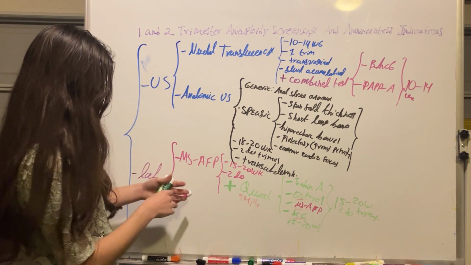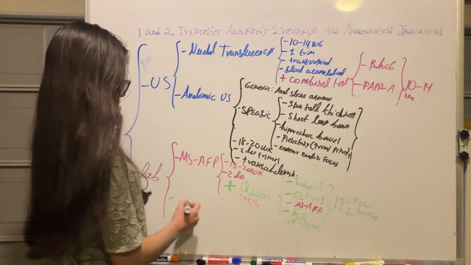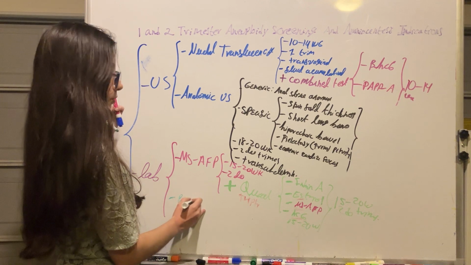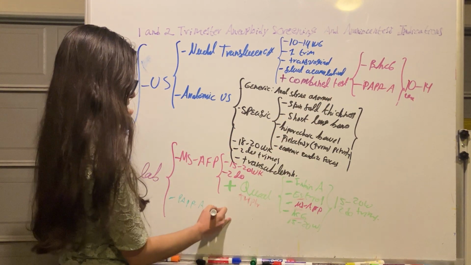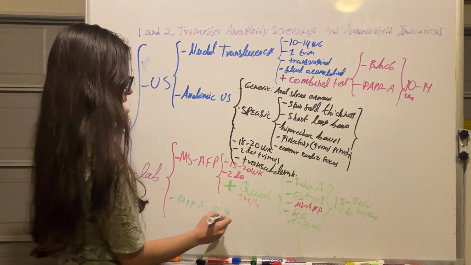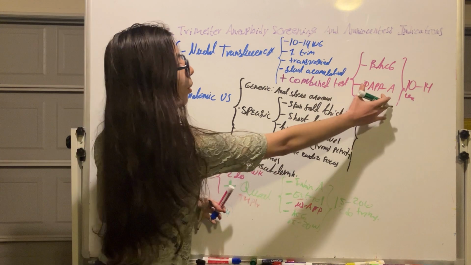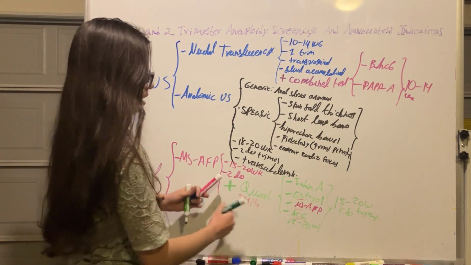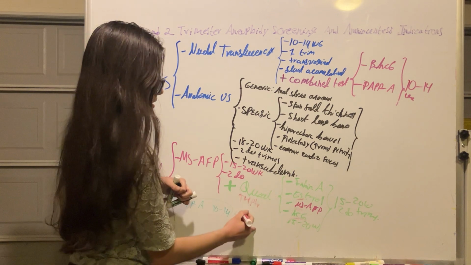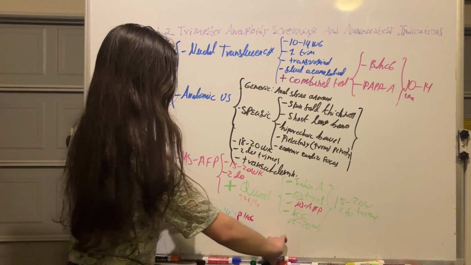Here I'm also going to write this one, pregnancy associated plasma protein A. This is measured between 10 to 14 weeks, but this is done combined with beta HCG and nuchal translucency.